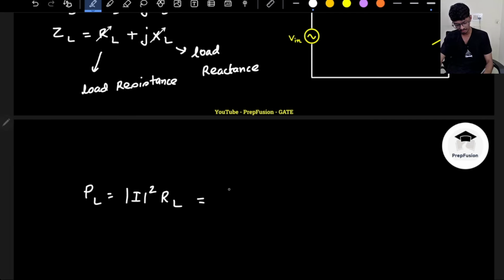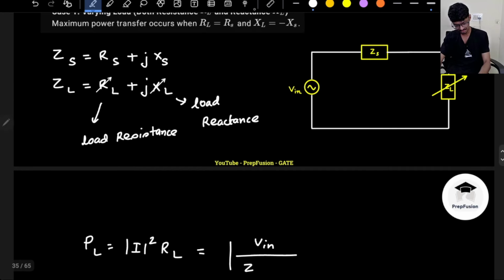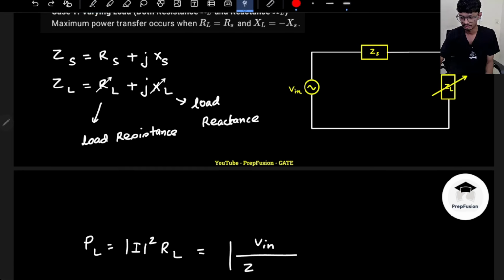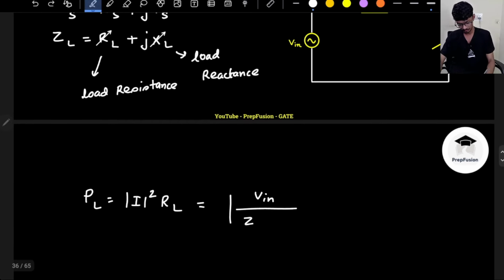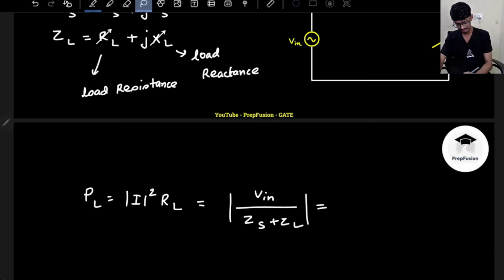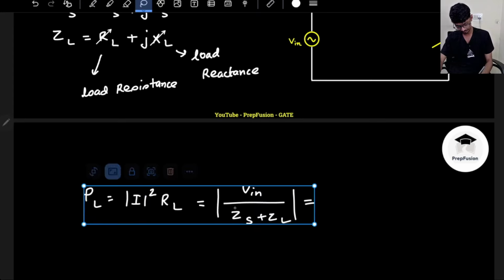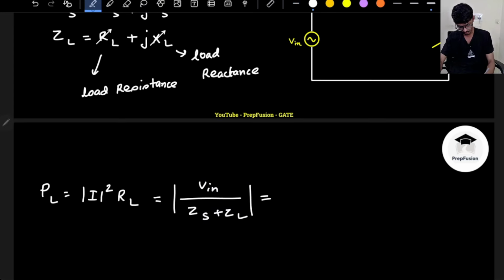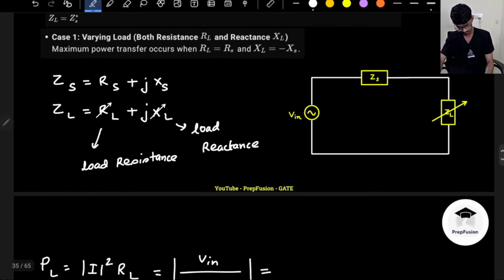So what is the magnitude of I? Magnitude of I is the magnitude of V in divided by, this is just a series circuit, right? So it will be Zs plus Zl. What is the magnitude of V in?